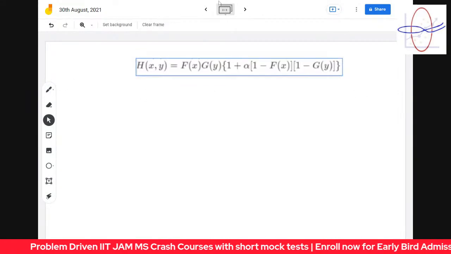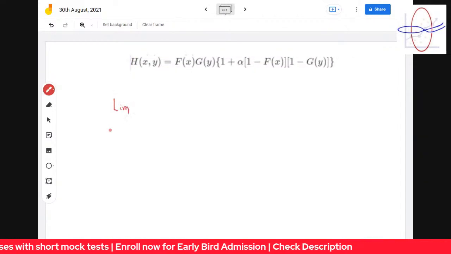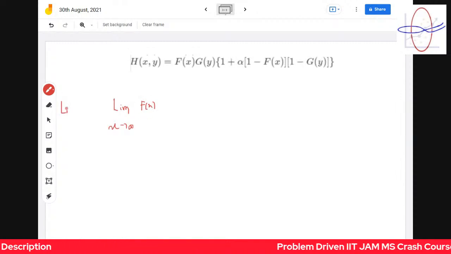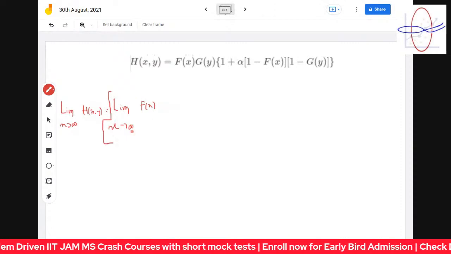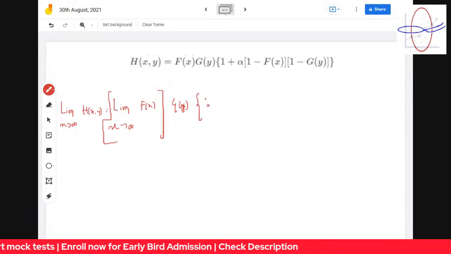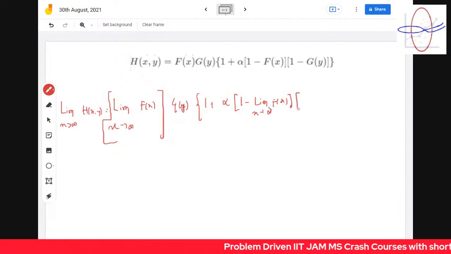Take the limit as x tends to infinity of h of x comma y. G of y remains the same, and we get 1 plus alpha times the limit of F of x into 1 minus G of y as x tends to infinity.